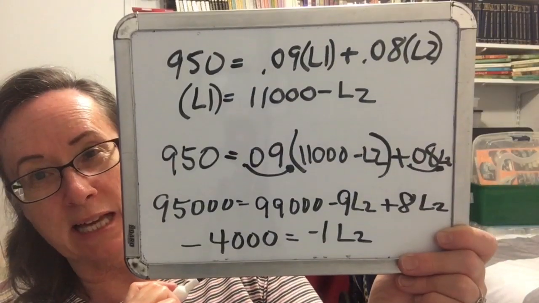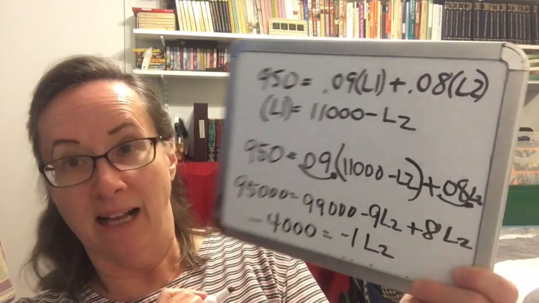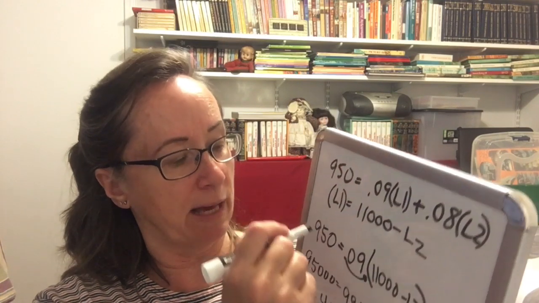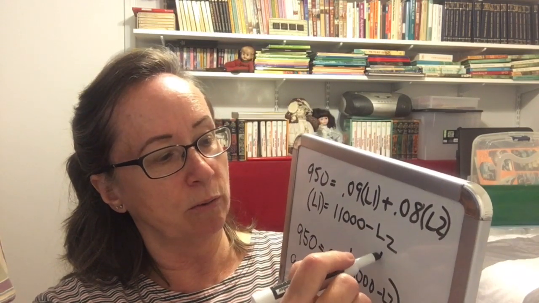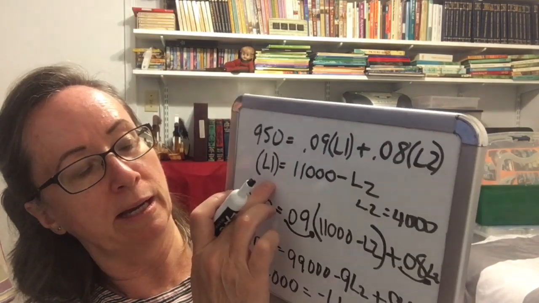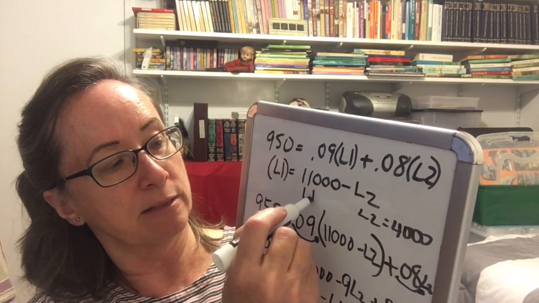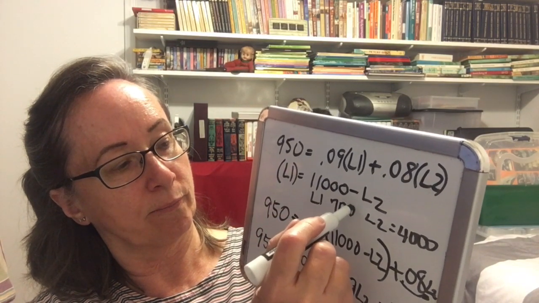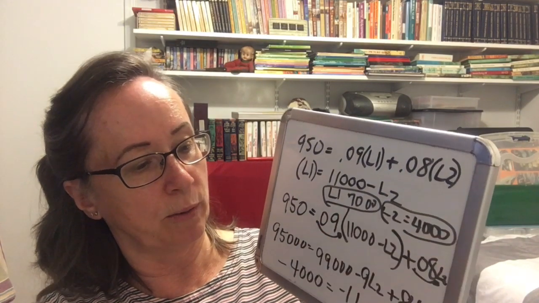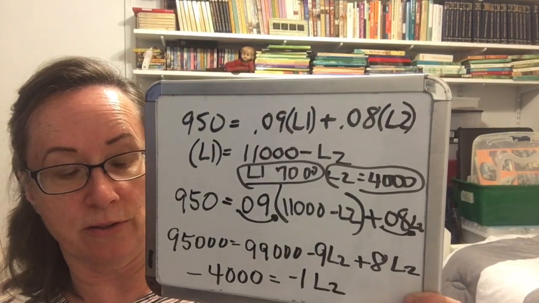Well, when you divide both sides by a negative 1, or multiply both sides by a negative 1, we get L2 is $4,000. So if L2 is 4,000, then L1 is going to be 11,000 take away 4,000, or 7,000. So he has L1 at 7,000, L2 at 4,000, and those are the correct answers.